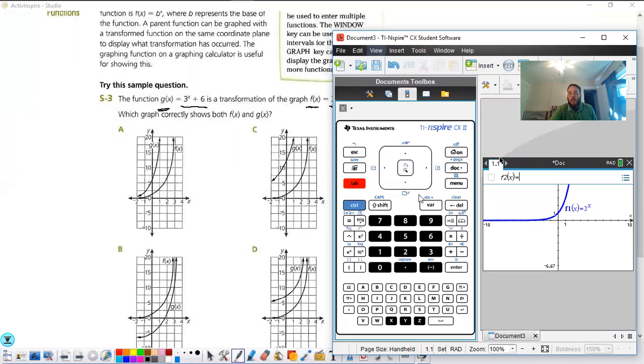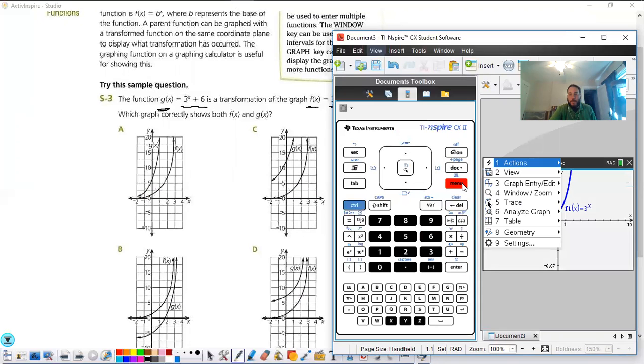Then here, our new function will be 3 to the x, then plus 6. Oops, sorry. See how I have that up there in the exponent? We don't want that, so we want to bring our line back down. Then plus 6. And then looking at our window here, we want it to match the window that they gave us.